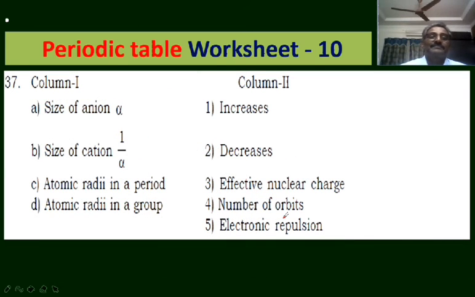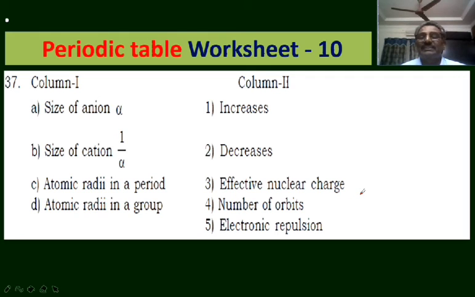Next question. Size of anion is proportional to dash. What are the options given? Increases, decreases, effective nuclear charge.